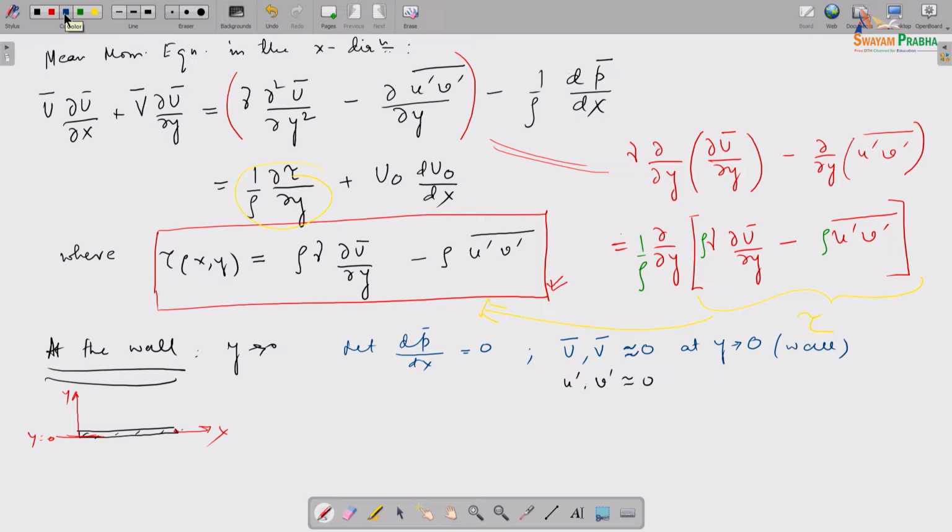And this is of course the centerline velocity, which at the wall doesn't mean anything. So the convective terms are all 0 at the wall. u naught is essentially u free stream.